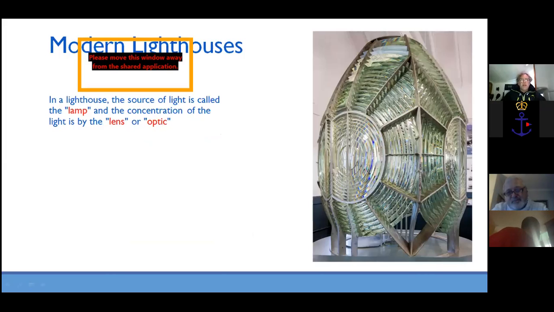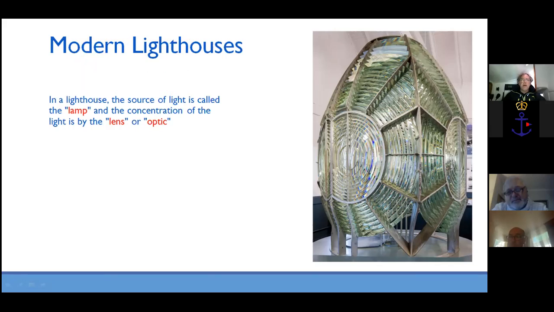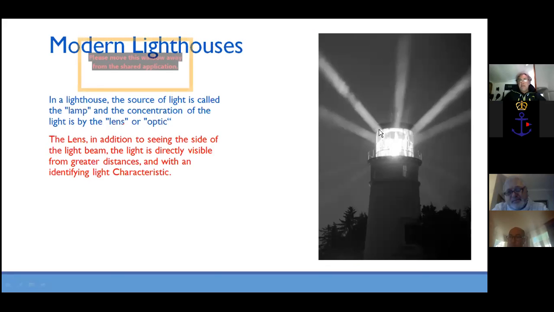Modern lighthouses, on the other hand, use a lamp and a lens to optic it. Okay, so if you look at this pic, you can actually see, you know, you'd assume it's round. They're anything but round. They're actually shaped so that the lens and the lamp create certain specifics. Okay, and they're your specifics.